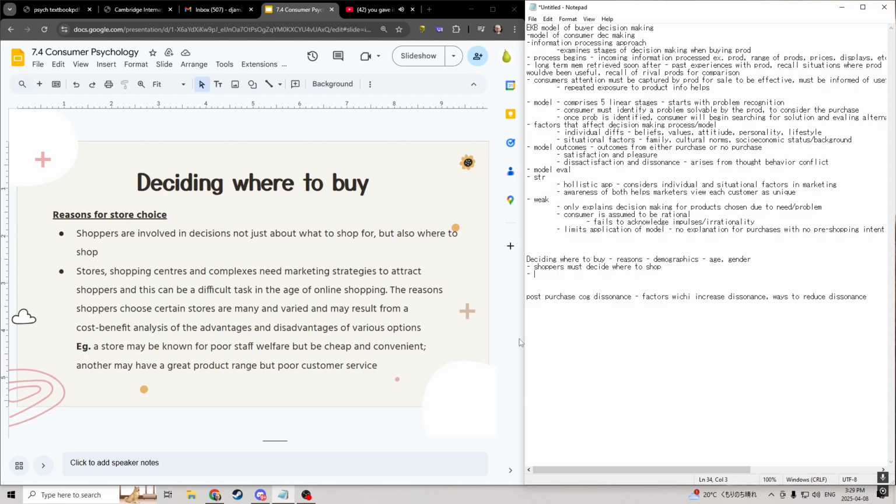For example, a store may be cheap and convenient with a great product range, but poor customer service. Shoppers weigh advantages and disadvantages of different stores. Cost benefit analysis.